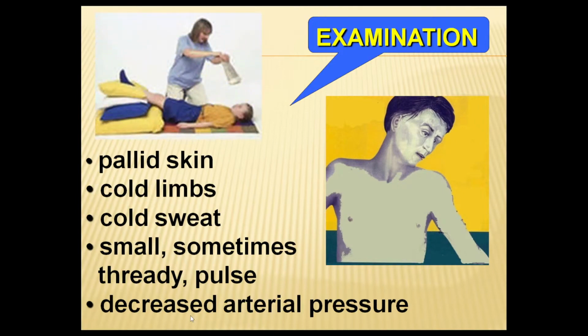Now, if you see this patient, if you are near, we cannot go out. You must help. What is needed? We must raise the lower extremities so that blood goes faster to the brain.